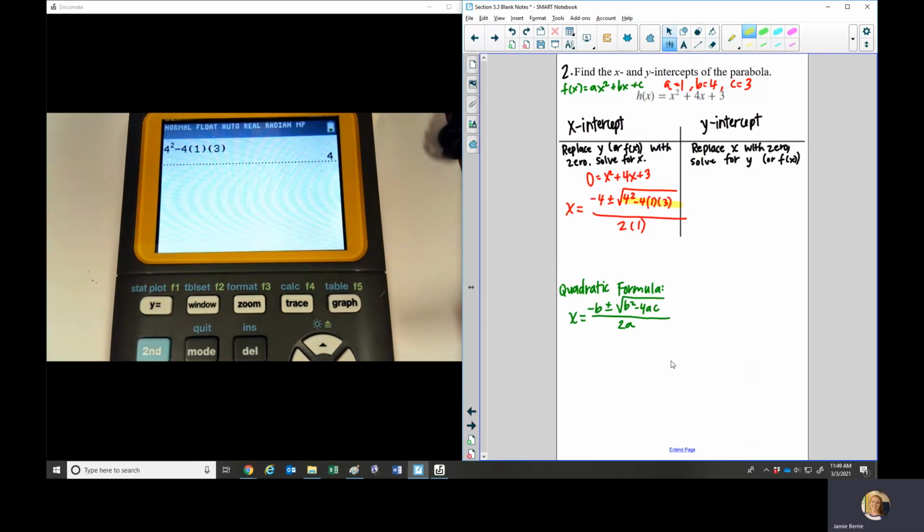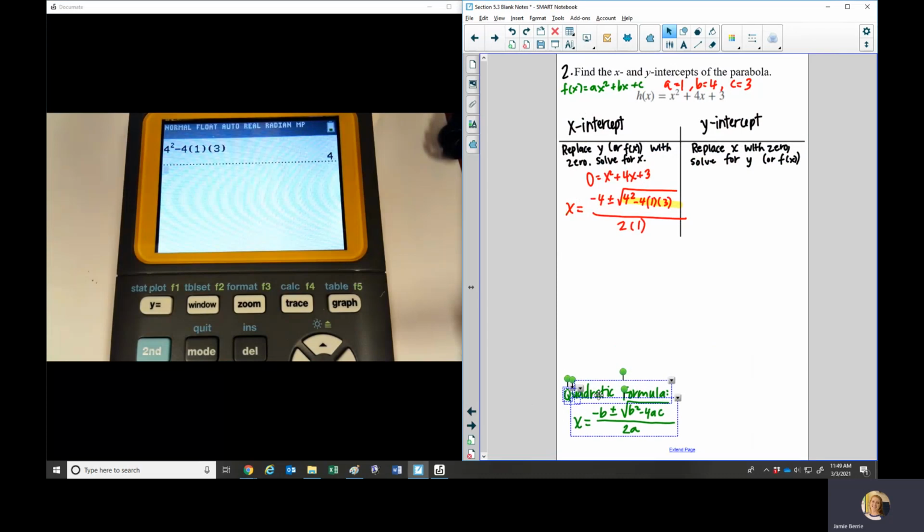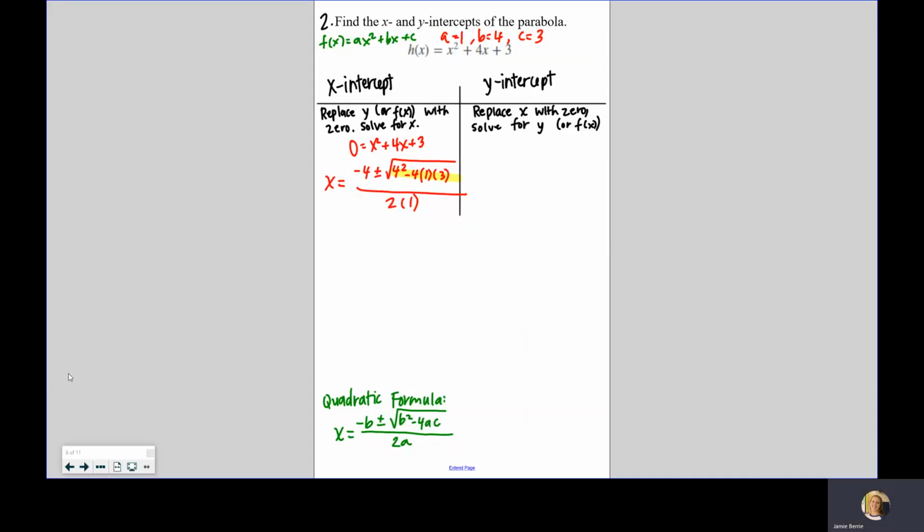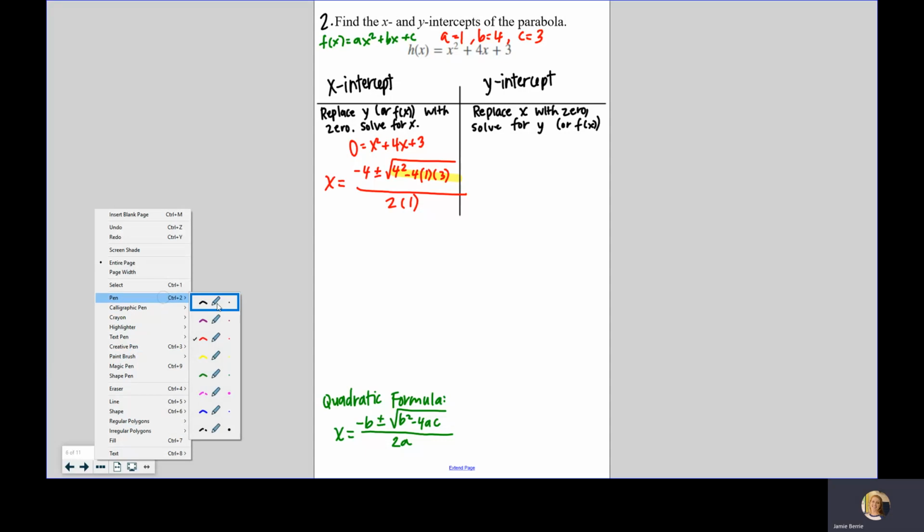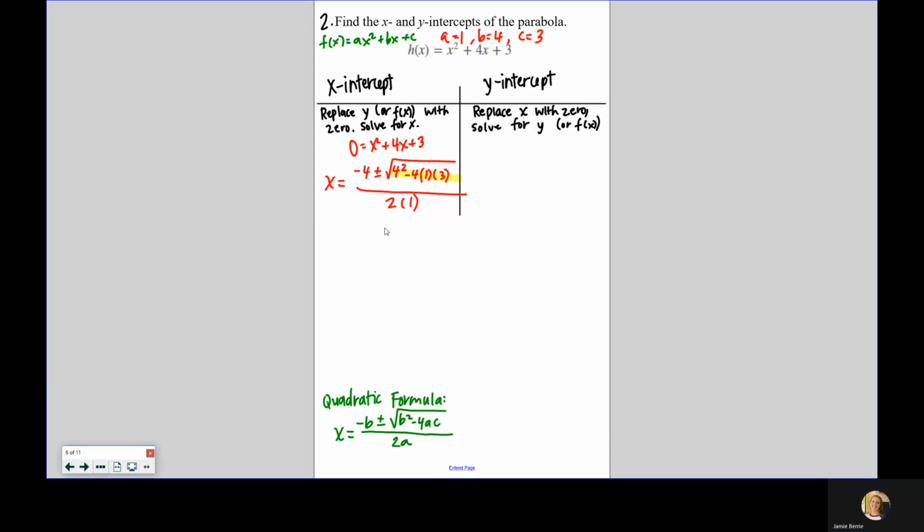Right, so I'm going to move this down just so it's out of my way. Let's finish simplifying this. We have x equals negative 4 plus or minus the square root of 4 over 2 times 1, which is 2.